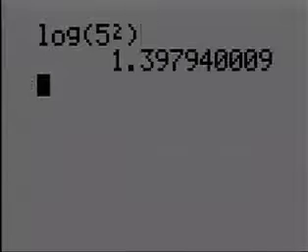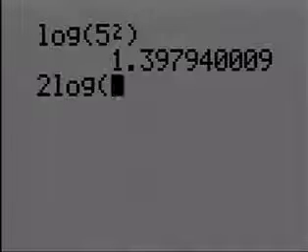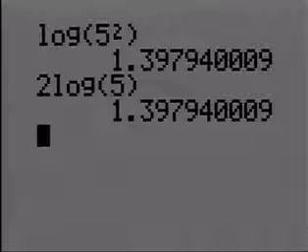And finally, we'll take a look at the last one. We were asked to compare the log of 5 squared. So there's the log of 5 squared. It's about 1.397940009, compared to 2 times the log of 5. And again, that looks like about the same thing. So again, the calculator is telling us that these two expressions are equal.